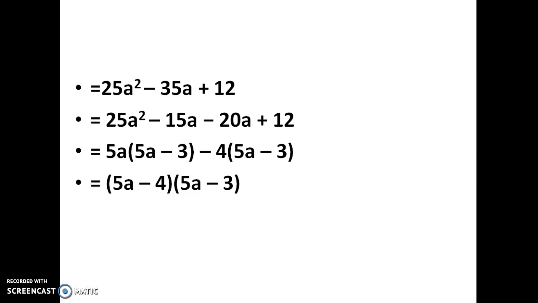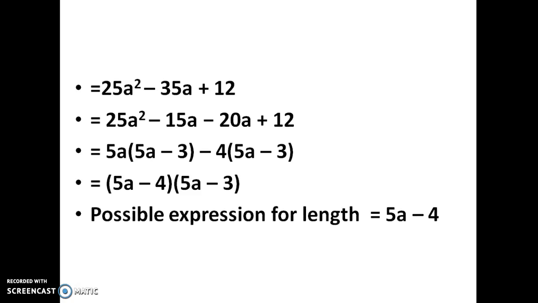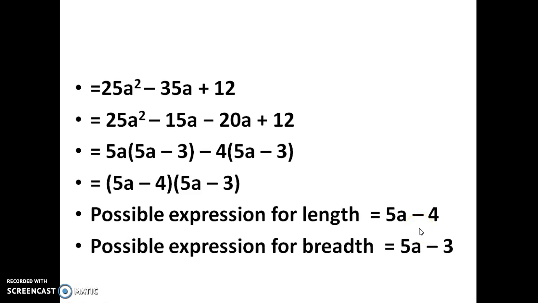So 5a minus 4 is one term, 5a minus 3 is one term. Now it is of the form L into B. The possible expression for length can be 5a minus 4, and the possible expression for breadth is 5a minus 3. That's the required expression for length and breadth.